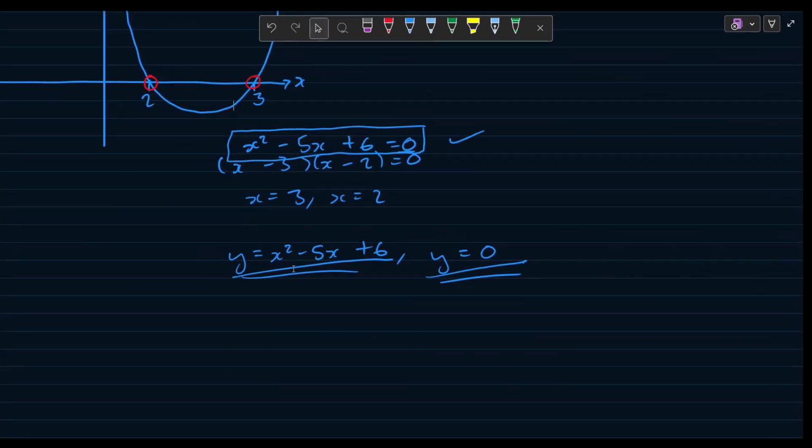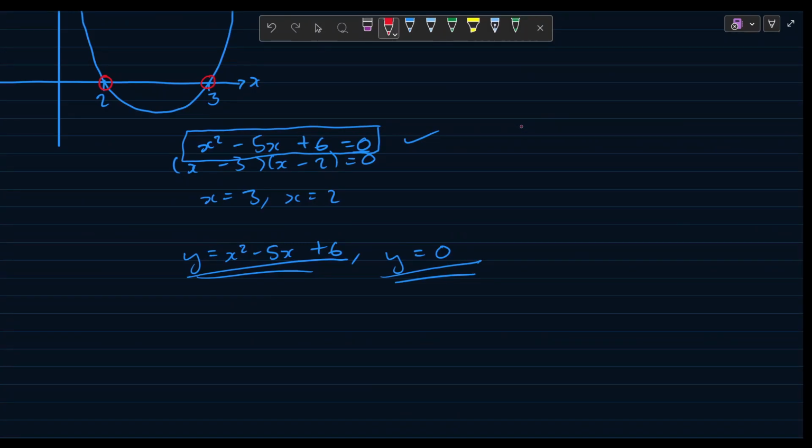And if you check your b squared minus 4ac, our a is equal to the coefficient of x squared, so that's 1, b is our negative 5, and c is 6. Let's substitute into b squared minus 4ac. That's going to be negative 5 squared minus 4 times a, which is 1, times c, which is 6.